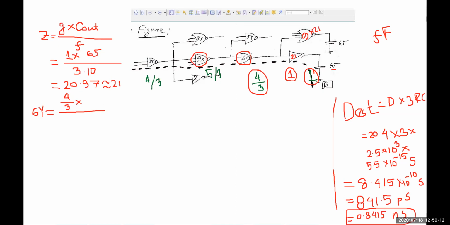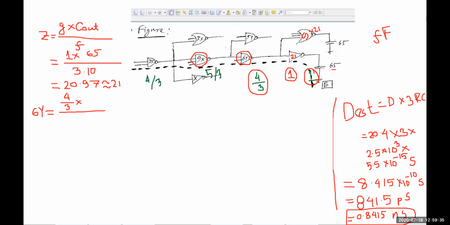What is C out? For that one, the C out was 65. But for this, C out will be the input capacitance of these MOSFET gates. I told you the input capacitance for this one is 25. What about these? 21. What about these? 9 into 21, right?